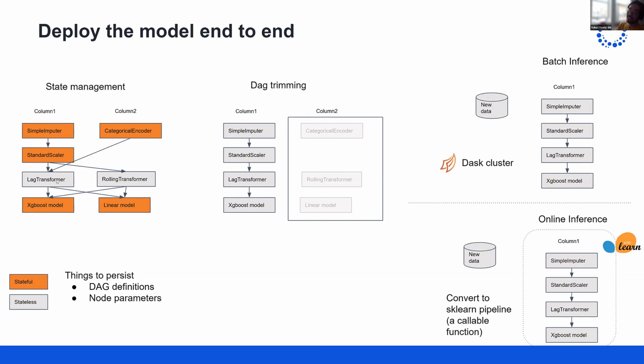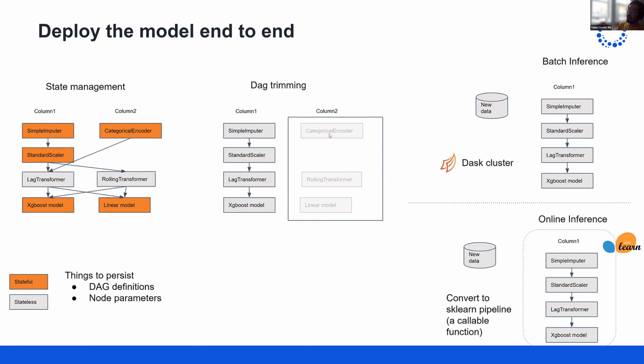And there can be other stateless nodes, for example, if you are doing just a rolling transformation, like a rolling mean for your past data, these things are not going to come with state. So basically, you just need to compute things on the fly. So you have a DAG which consists of different types of blocks. Some of them might be stateful, some of them might be stateless. But most of the time, if you decide, okay, I'm going to go with this XGBoost model, a lot of things are going to be redundant.